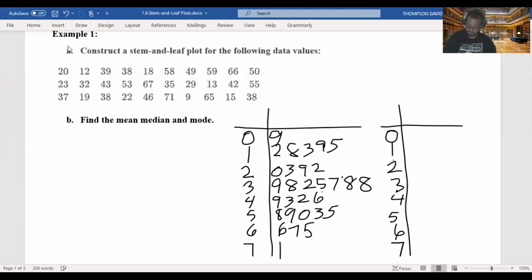And then 0, we'll get the 9. That one's easy. And then 7 gets 1. That one's also easy. There's only one number in each row, so we don't have to work as hard.